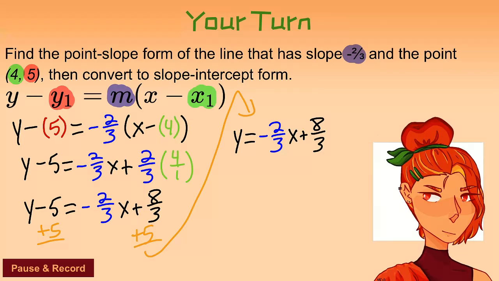So I'm going to need to turn this 5 into a fraction with a denominator of 3. So I need this fraction to equal the 5 because we're adding it. So 3 times 5 is 15, and so we have 15/3. If you're not sure about that, ask a question.